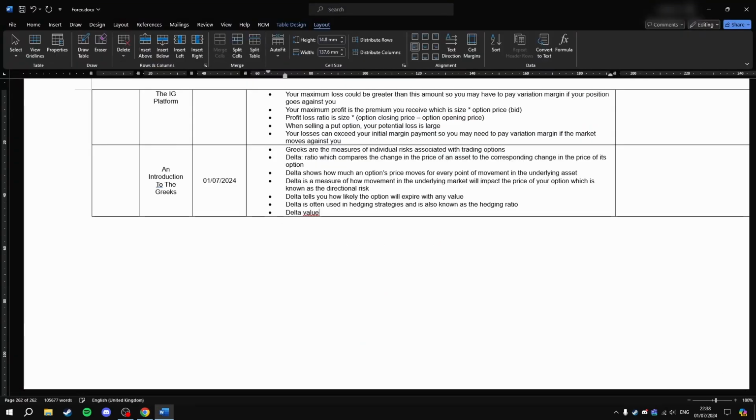Delta values can be positive or negative.